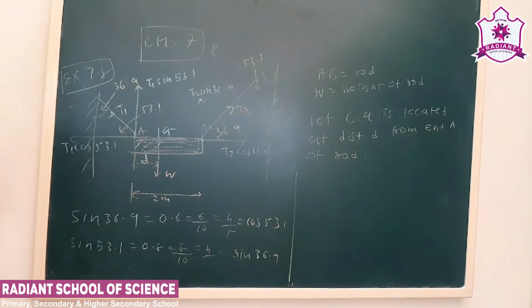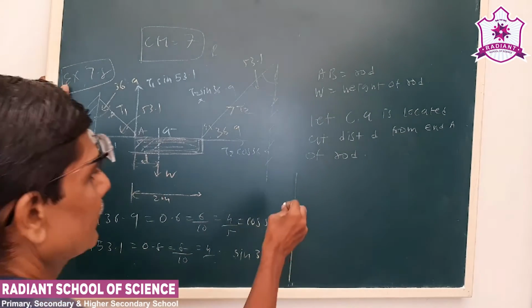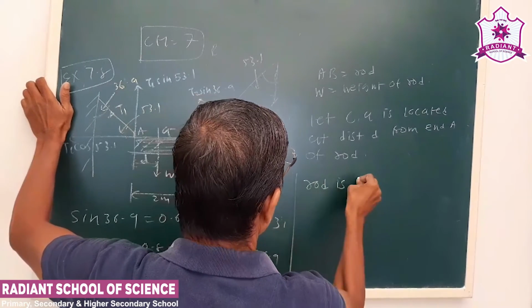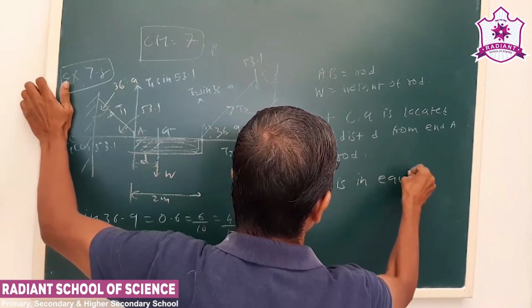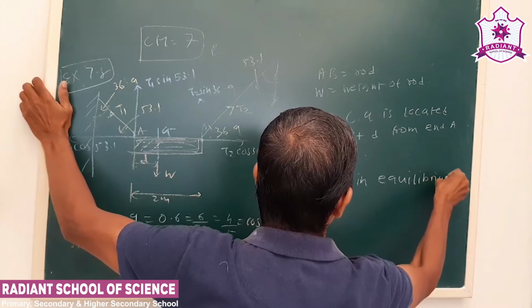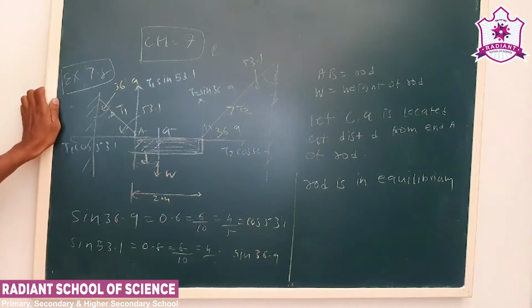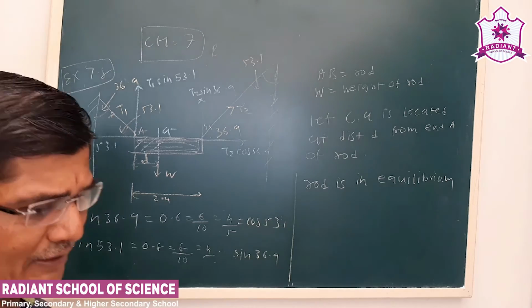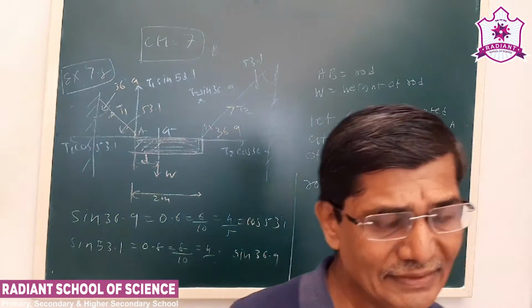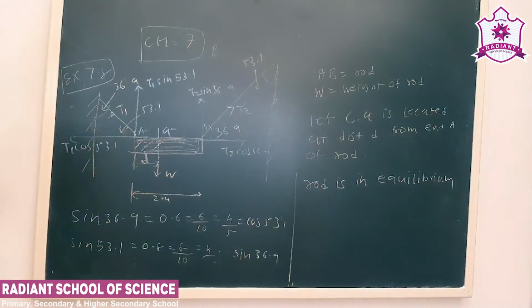Now see here the rod is in equilibrium. So first we consider the linear equilibrium, that is translational equilibrium, and then we will consider the rotational equilibrium.